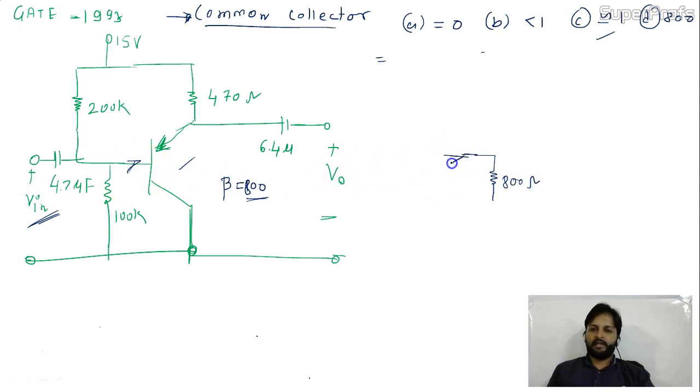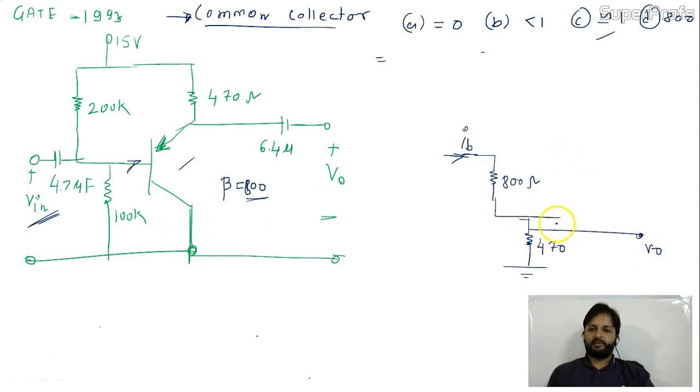The current IB is coming like this. This is the emitter, and the emitter is looking like 470. This is the 470, and this is directly grounded. Here at 470 I'm taking V0.